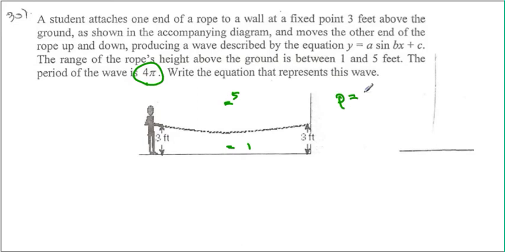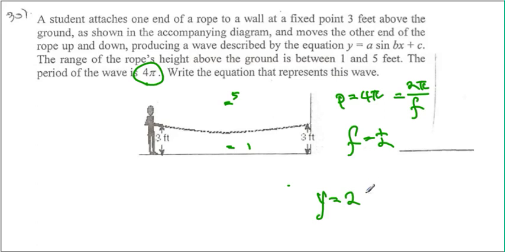If the period is 4 pi, which is equal to 2 pi over B, the frequency, then B will be equal to 1/2. Now C, of course, is the starting point, which is 3. If we combine all those things together, we'll end up having something like this. y equals amplitude 2, and then sine of B, which is 1/2, that means x over 2, plus 3. That becomes our answer.